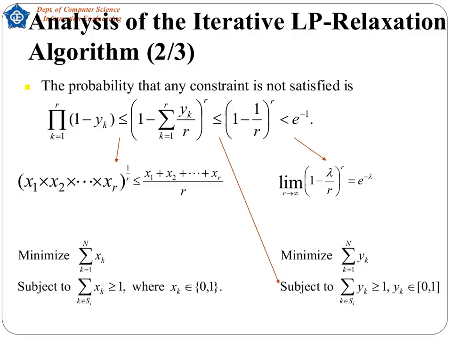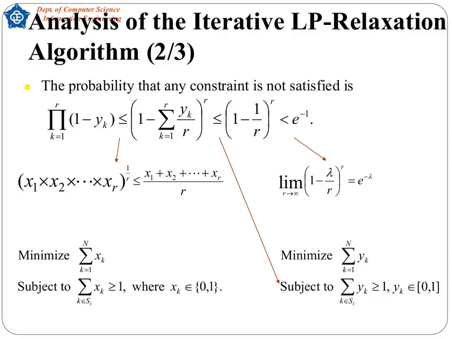Since our LP relaxation guarantees the sum of y is greater than or equal to 1 for each constraint, this gives 1 minus 1 over r, to the power r, is less than e to the minus 1. In fact, if the total fractional weight is lambda instead of 1, then as r grows, 1 minus lambda over r, to the power r, tends to e to the minus lambda. So the failure probability decays exponentially in lambda.